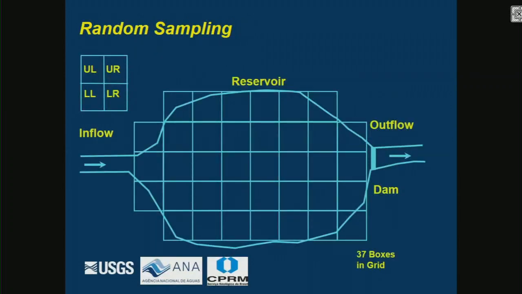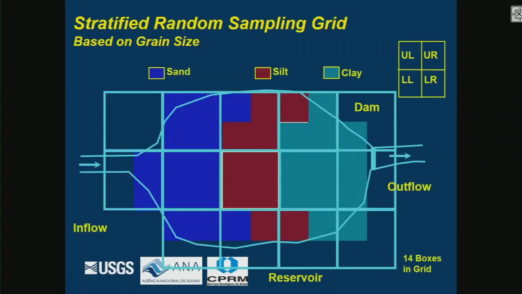And so you can come up with different schemes, just like with suspended sediment sampling, the EDI versus EWI. Well, you can come up with a systematic grid or some type of random sampling. Or if you know what material is in the reservoir, so a lot of times this is the upstream part of the reservoir, the sediment comes in, the coarser material will drop out.